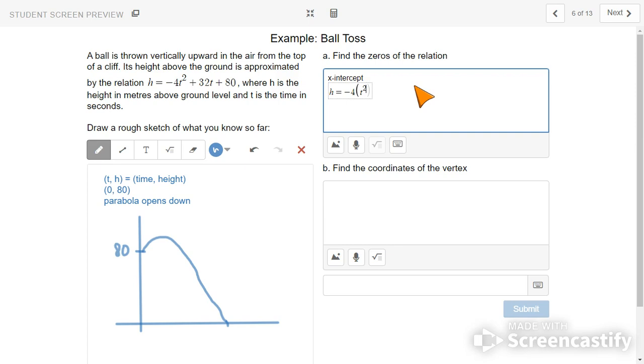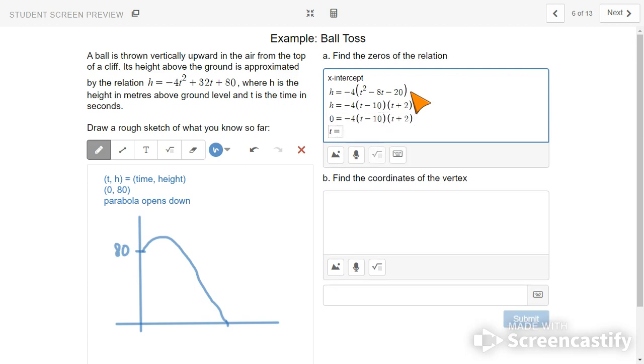So doing my common factoring, I have t squared minus 8t minus 20. This becomes t minus 10, t plus 2. And the height at the x-intercept is equal to 0. So we have t is equal to positive 10 and a second t at negative 2.